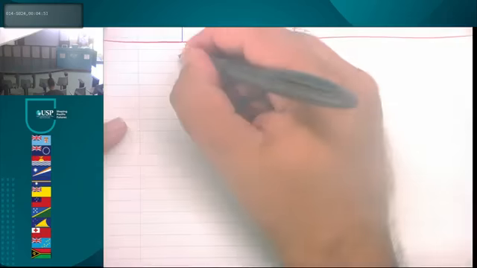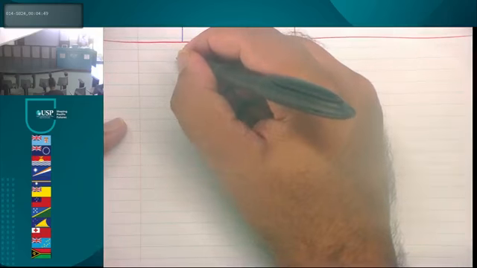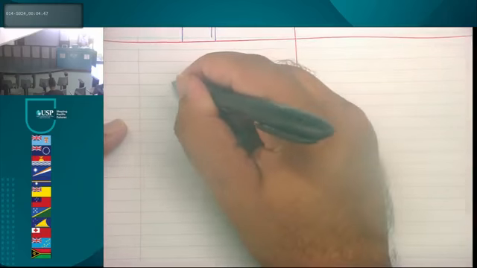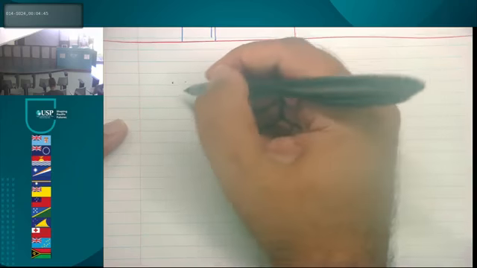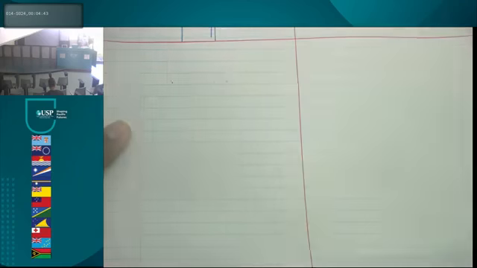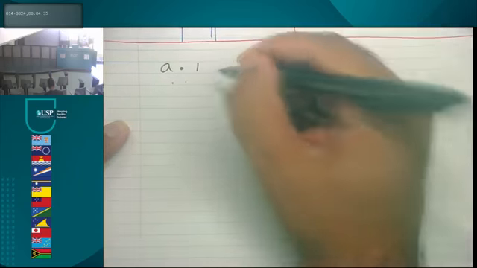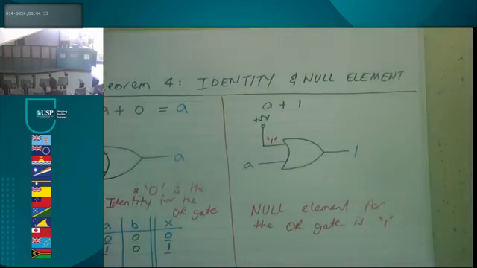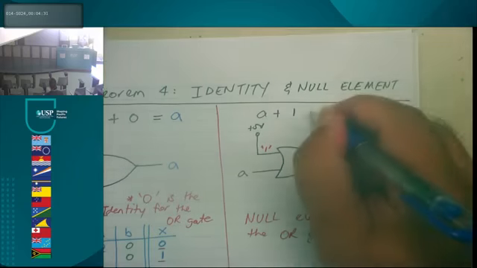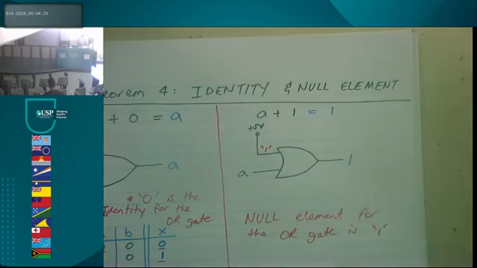All right. Let's have a look at the next one. A or 1. Oh, guys, I did not fill this out over here. A or 1 is equal to 1. A or 1 will always equal 1, and A or 0 will always equal itself.